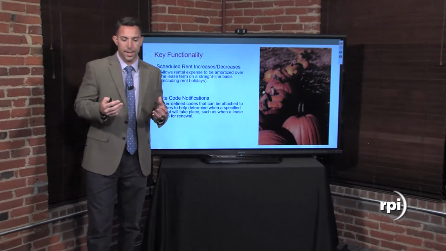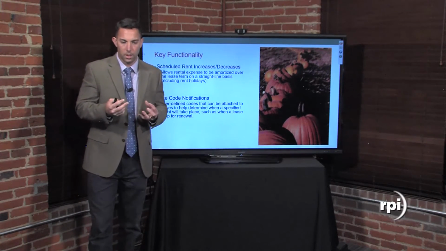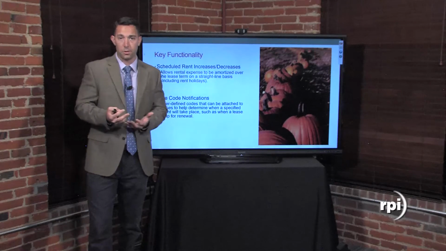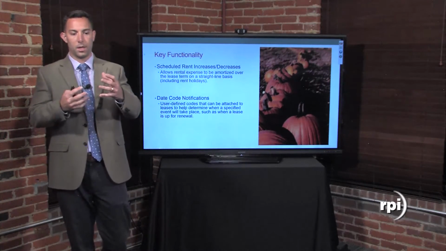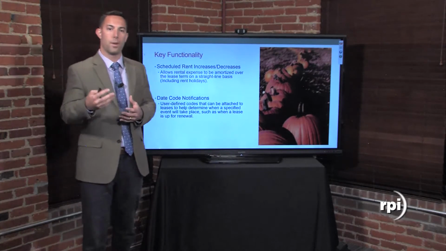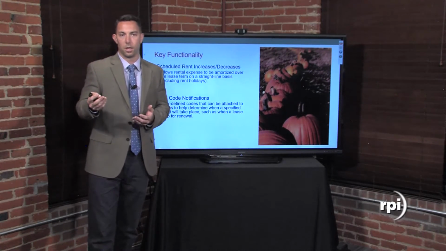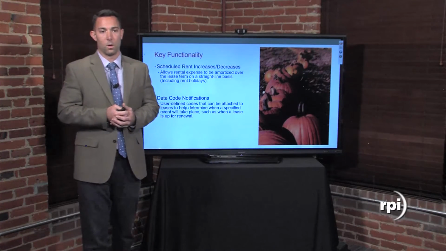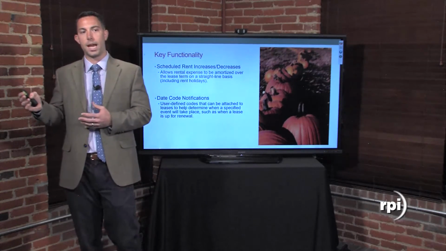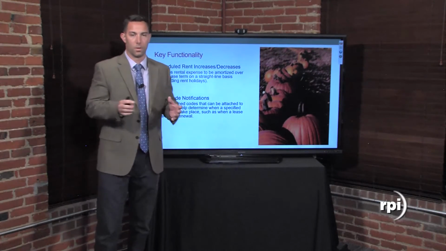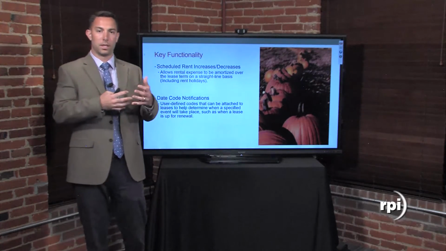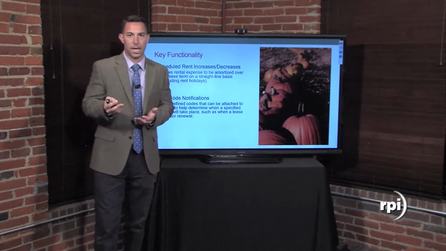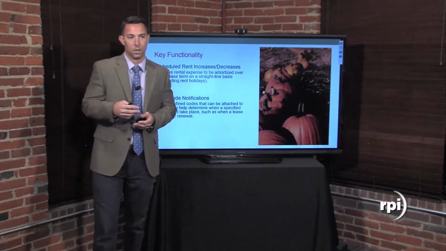So what's nice is that the module itself, you define your payment schedule for the lease, and it allows you to adjust those payment amounts over the course or the term of that lease. So the demo that we have is going to just show a $500 monthly payment, but just keep in mind you can set up those payment schedules exactly how your lease is scheduled.